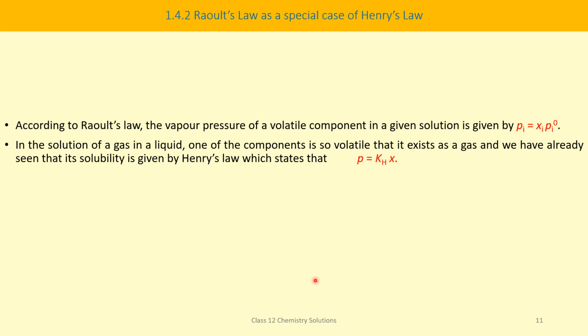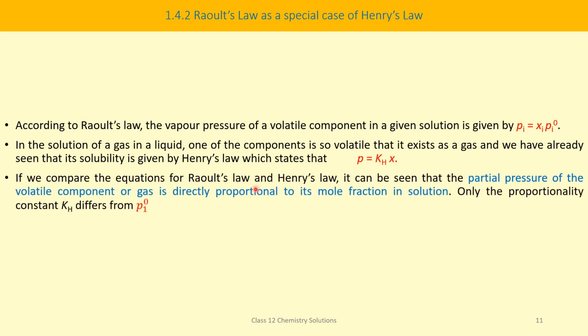it exists as a gas, and we have already seen that its solubility is given by Henry's law, which states that P is equal to Kh into X, where P is the partial pressure, Kh is Henry's constant, and X is the mole fraction.